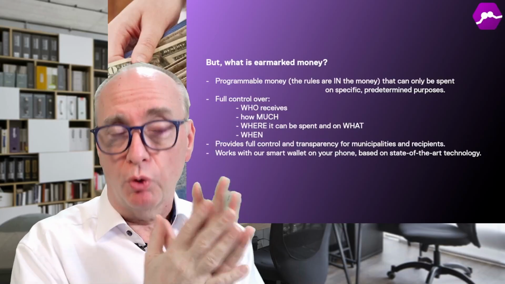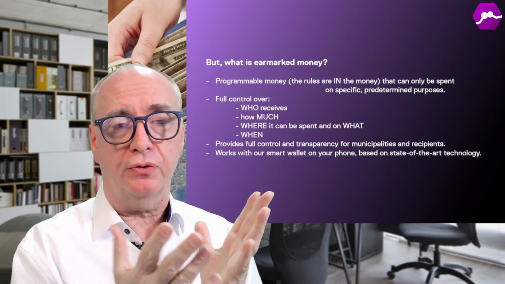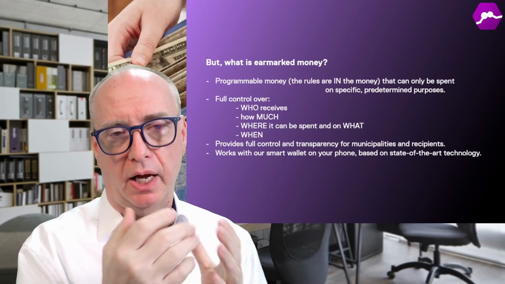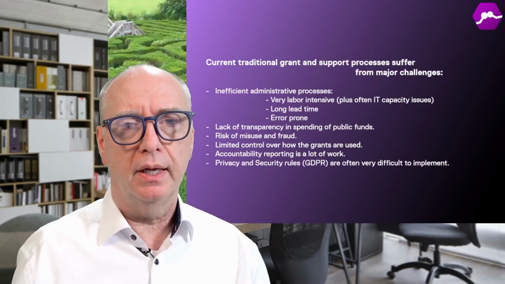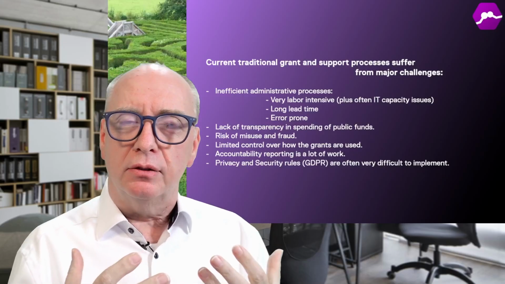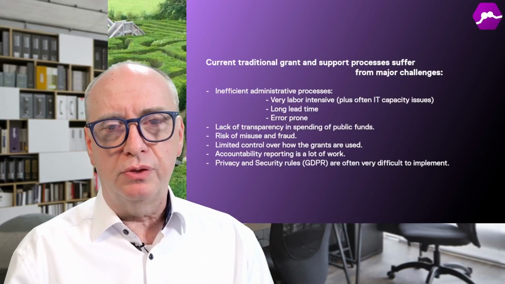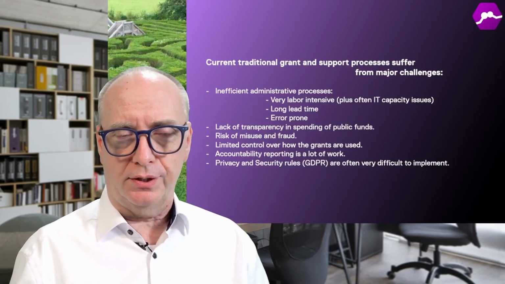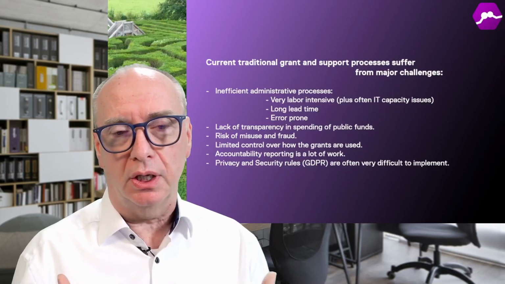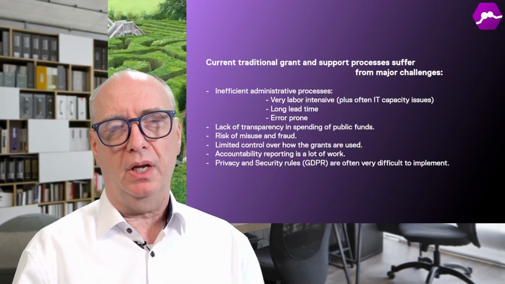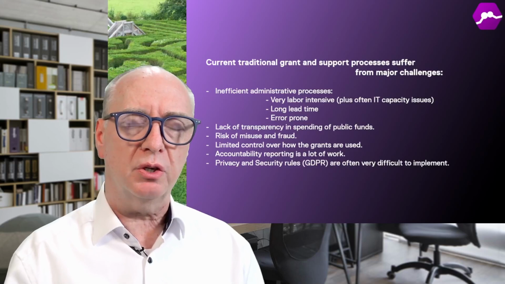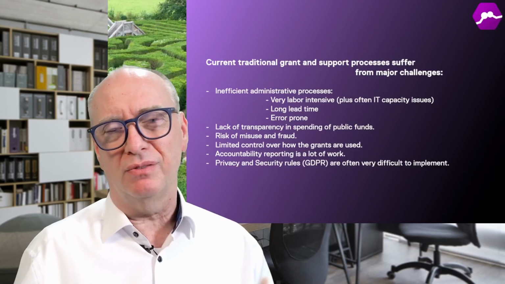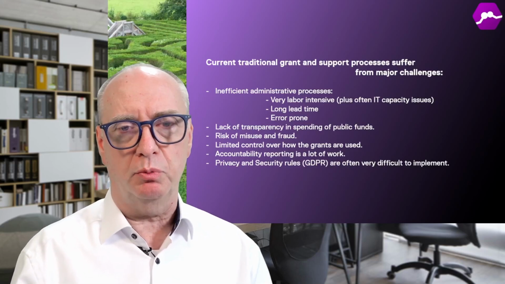Now, it works with a smart wallet on your phone, like I already mentioned, which is called MultiKnip. It is usually used for grants, distributing budgets, etc. And the current conventional way to distribute grants is a very inefficient administrative process.